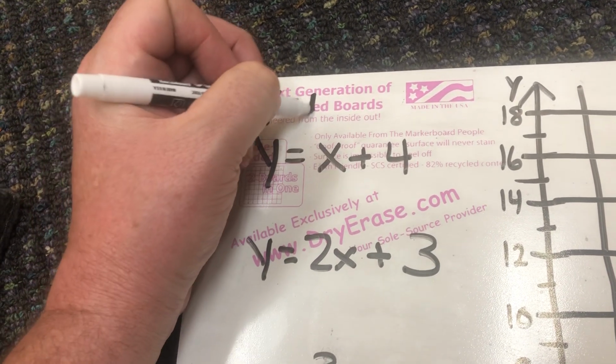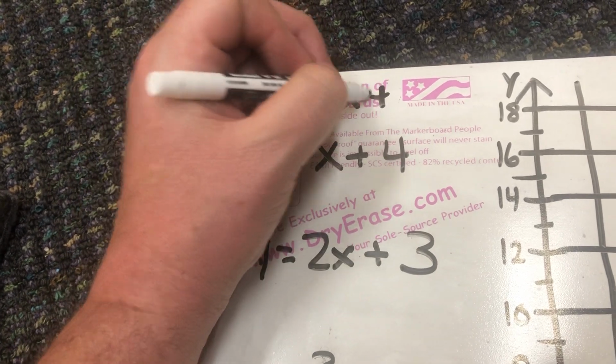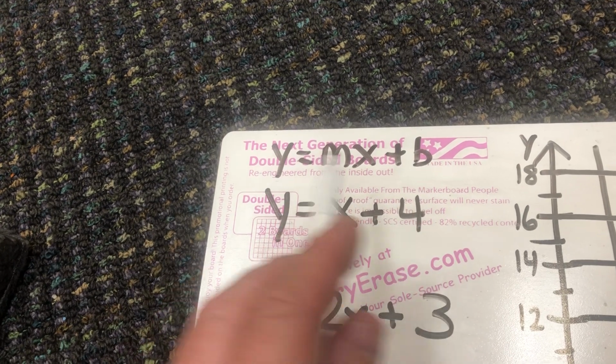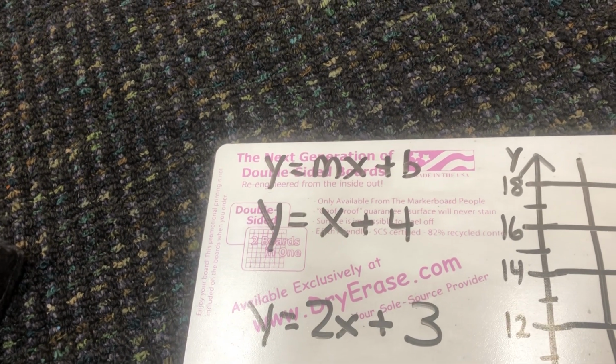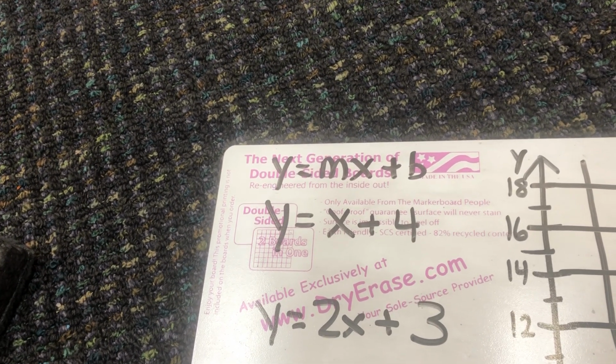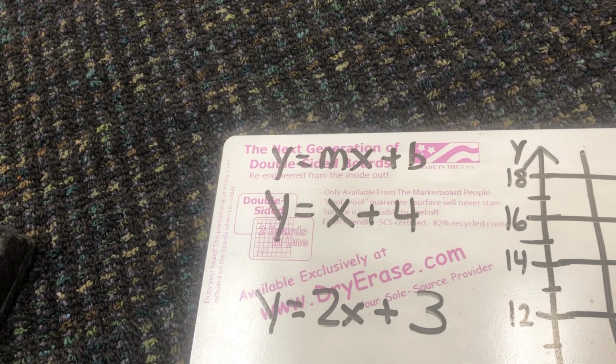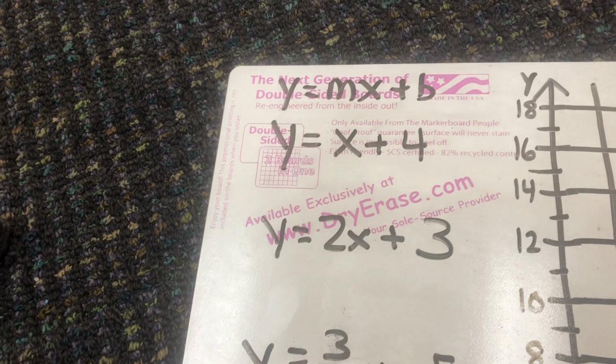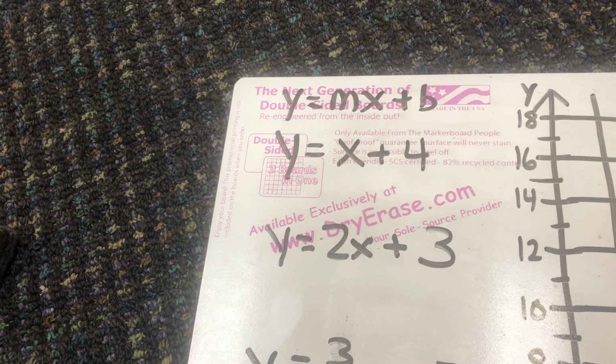Slope-intercept form is y equals mx plus b. Now the time will come when we're working with negative numbers and all sorts of things, but that's for a different day. Right now we're just going to focus on y equals x plus 4.